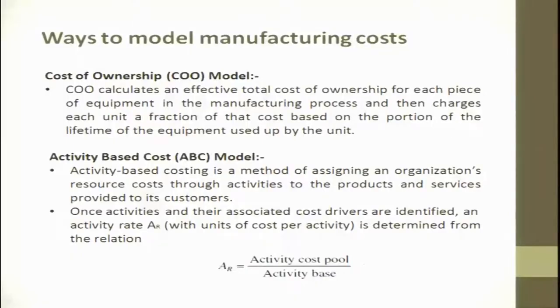So, the cost of ownership model, COO, is one model. The COO calculates an effective tool cost of ownership for each piece of the equipment in the manufacturing process, and then charges each unit a fraction of that cost based on the portion of the lifetime of the equipment used by the product. For example, I buy a tawa, and this tawa is used for making 10,000 vadas.